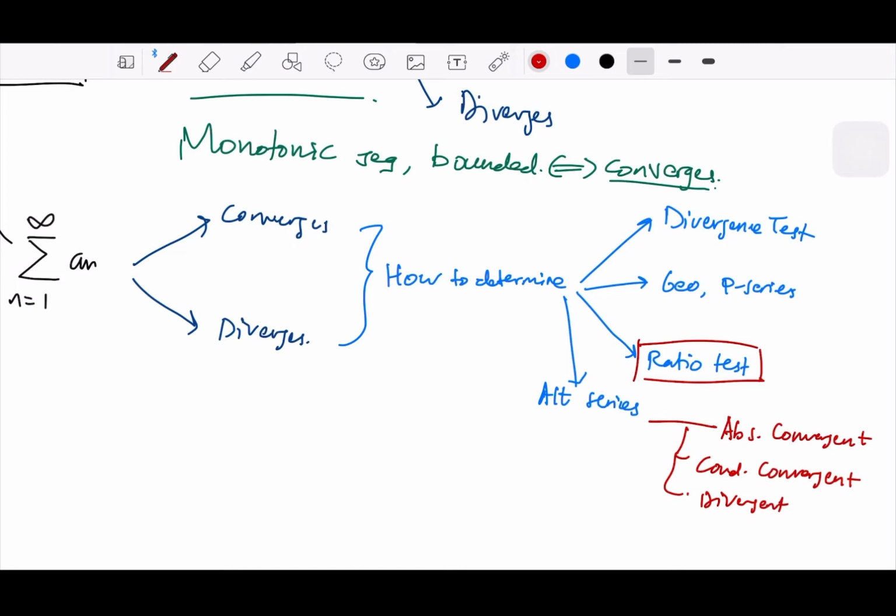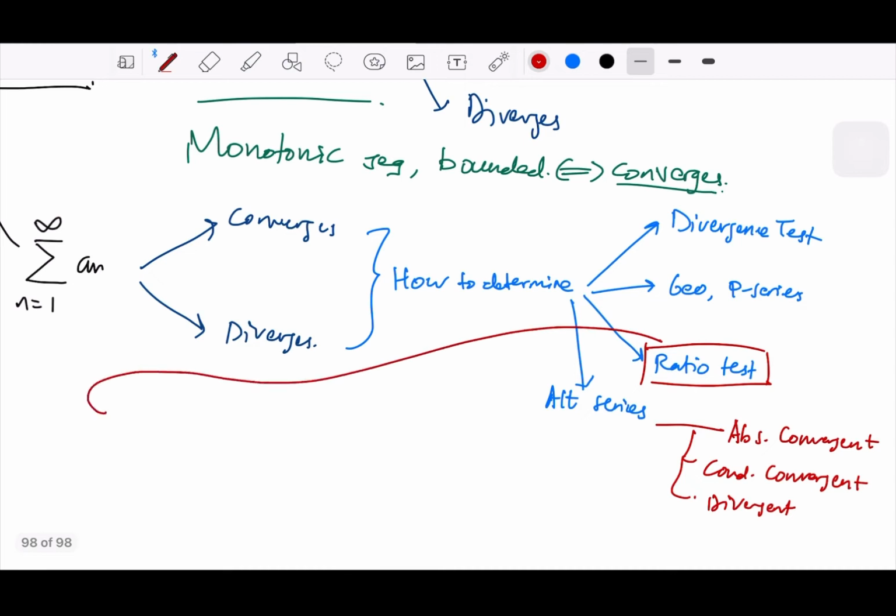And from the conclusion that it converges, we can rewrite the series in terms of a new variable, which includes x, and we call that a power series. So from the ratio test, we can develop this further.